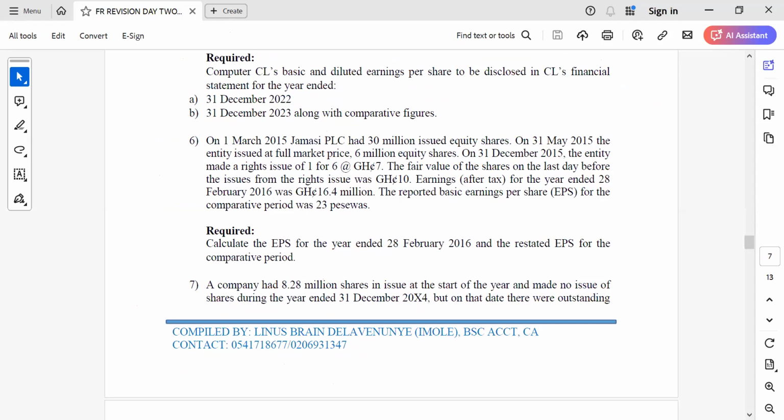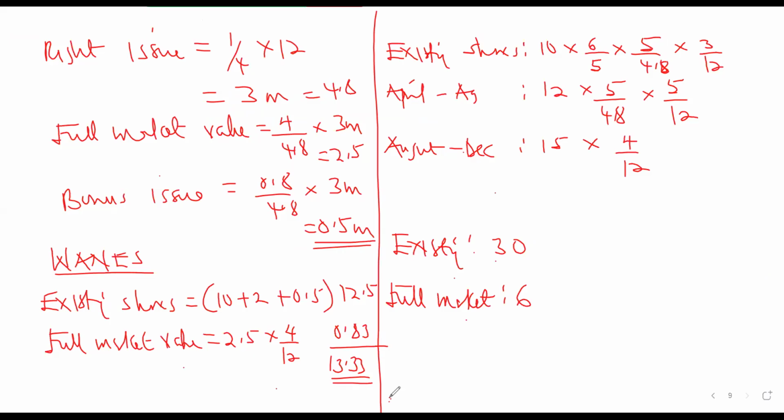Before the right issue, how many shares will be there? It will be 30. No, 36. That will be 36. So the right issue is 1 for 6. So that will be 36, and the right issue will be 1 for 6.